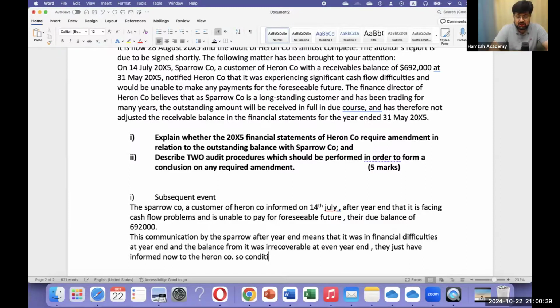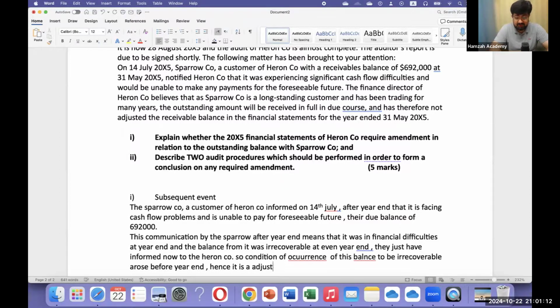So the condition of occurrence of this balance to be irrecoverable arose before year end. Hence, it is an adjusting event.